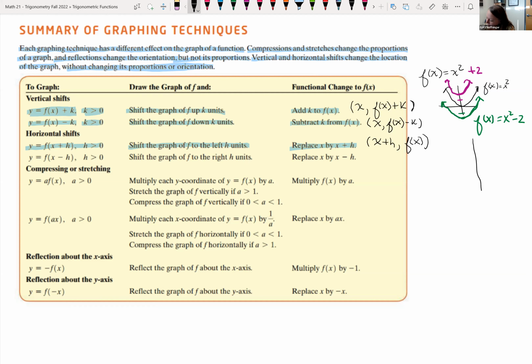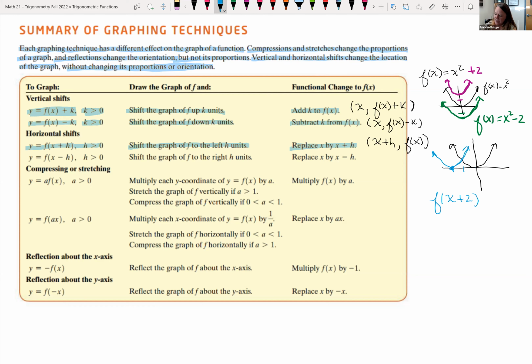So in this case, let's take our parabola x squared. So an example to the left would be f of x, let's say plus 2. So this is going to go to the left 2 units. So our vertex, where our x value was 0 before, is now going to be negative 2, and y is going to be 0.